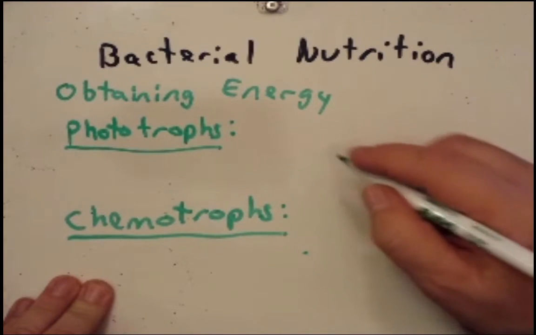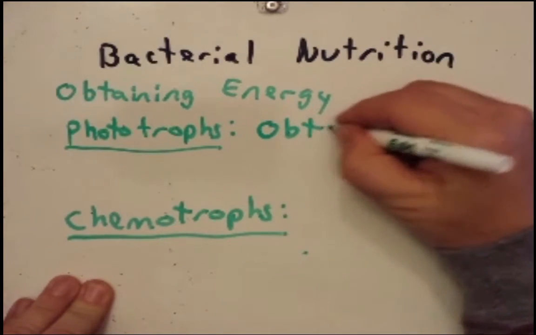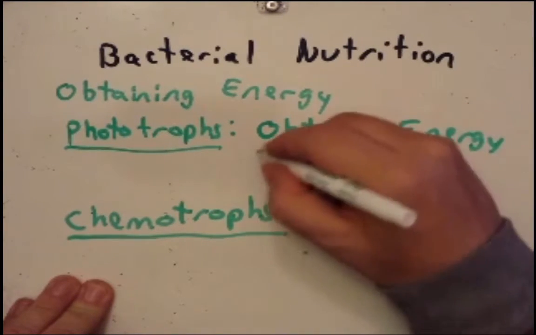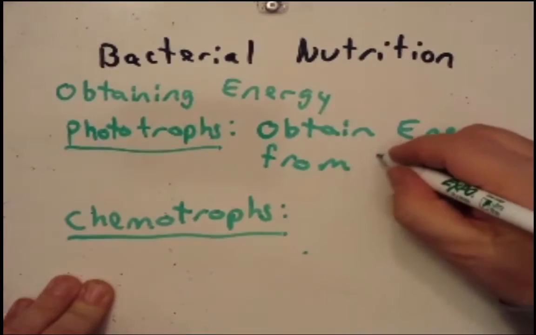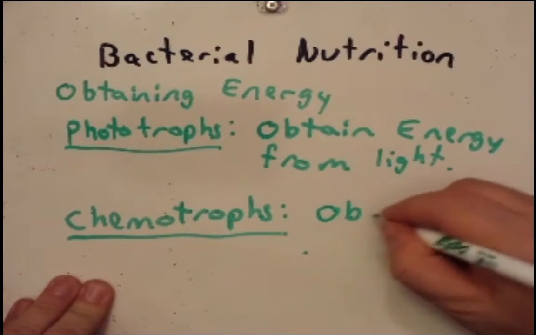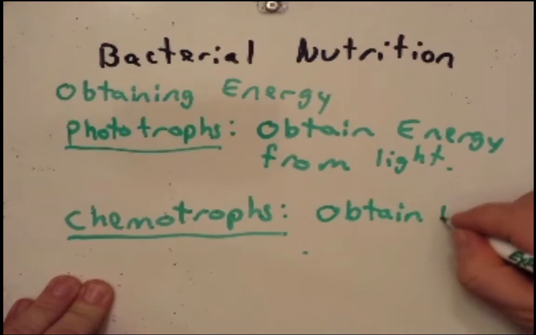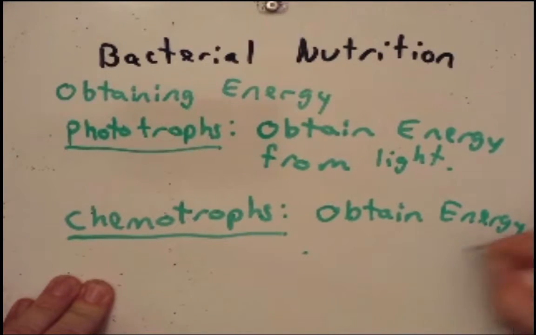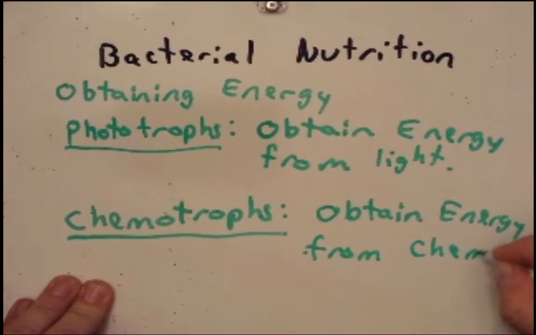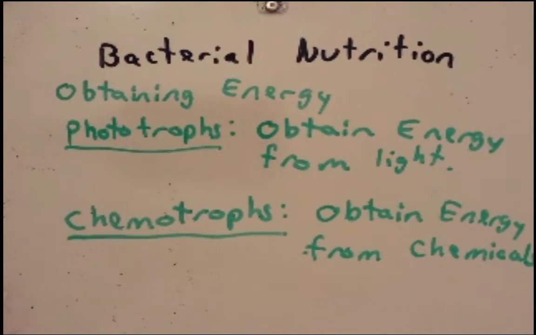Phototrophs obtain energy from light. Chemotrophs obtain energy from chemicals. So both these terms really match their definitions. Chemo for chemicals, photo for light.